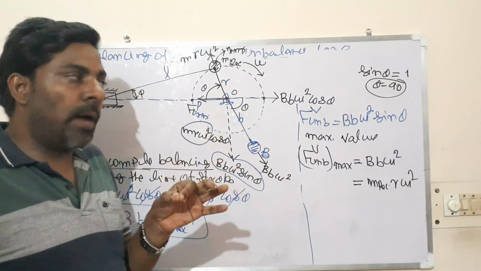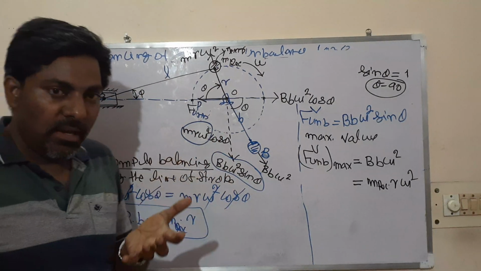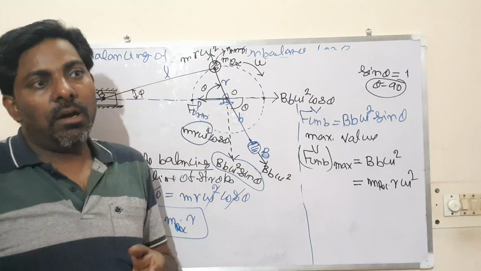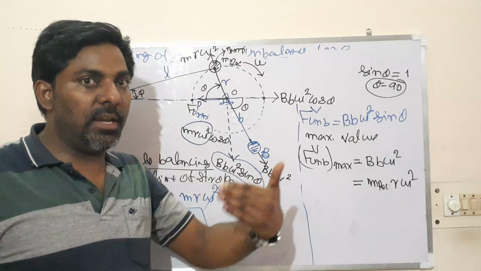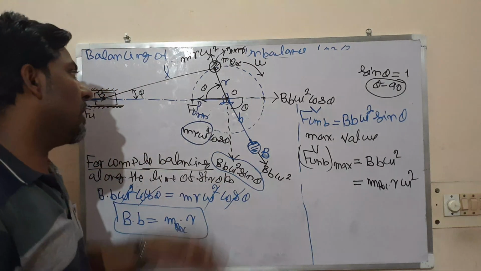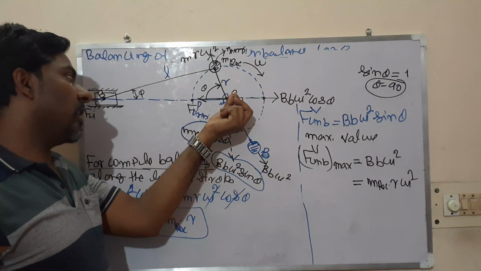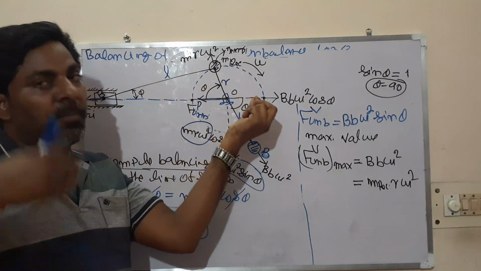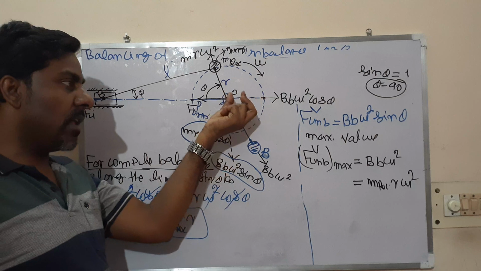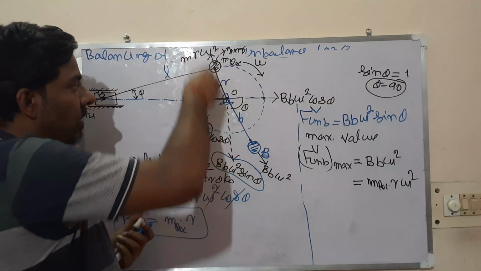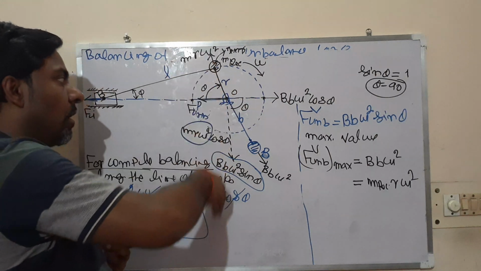Generally 2/3 of the reciprocating mass is balanced, or half to 3/4 of the reciprocating mass. That means there will be some unbalanced force along the line of stroke, and also some unbalanced force along the perpendicular axis, that is along the vertical plane.